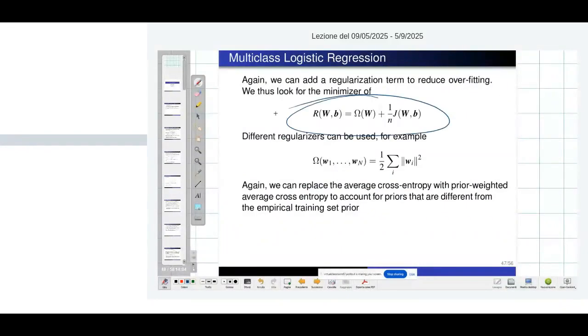Then, as for the binary, the model can overfit. So it may be worth adding a regularization term that will penalize solutions that are too complex. Complex in the sense that it will make our model too confident. As we will see later, it may also represent more complex separation surfaces.